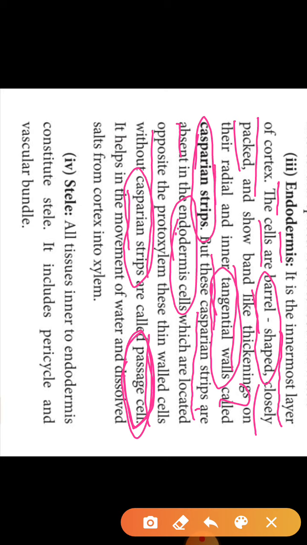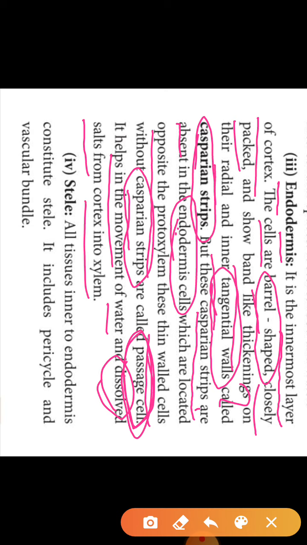Next one is function. It helps in movement of water and dissolved salts from cortex into xylem.